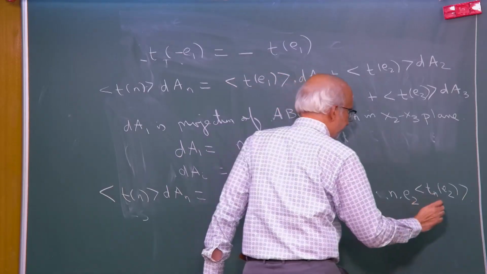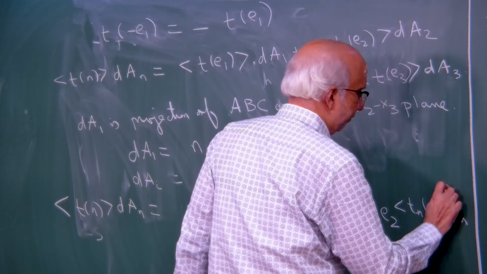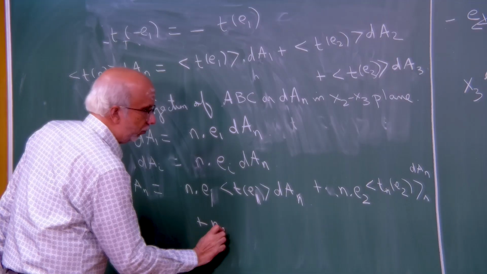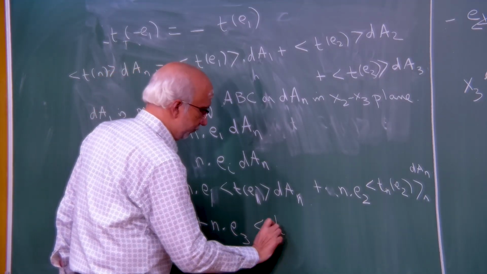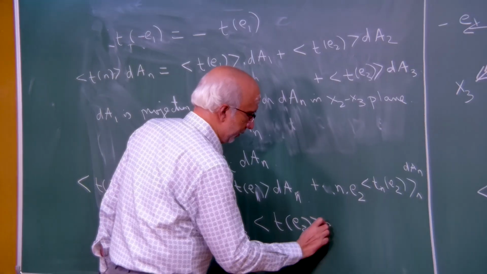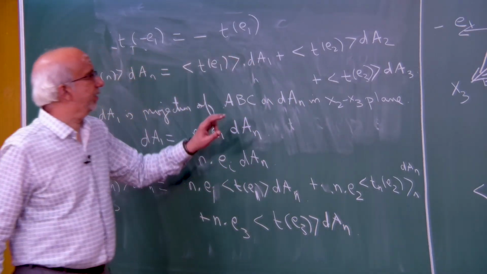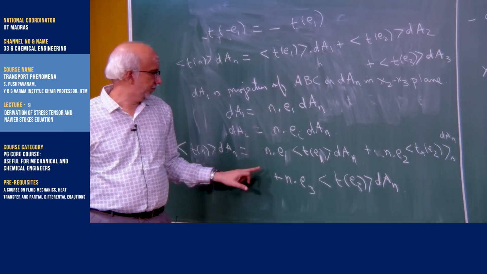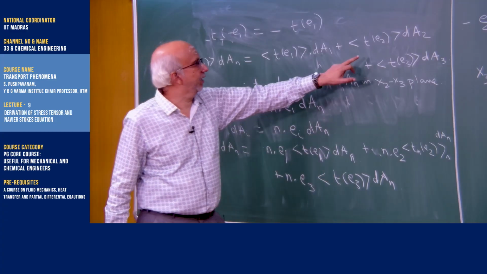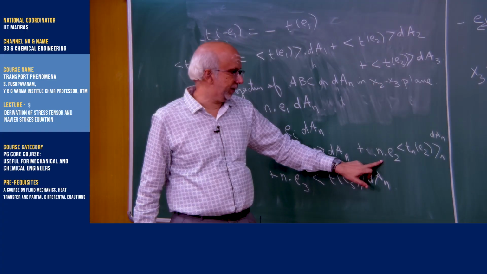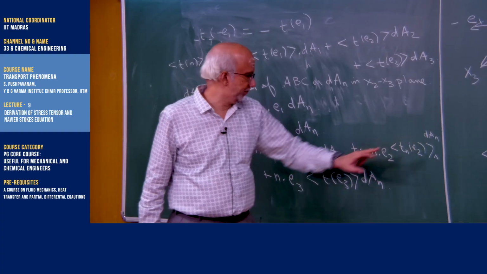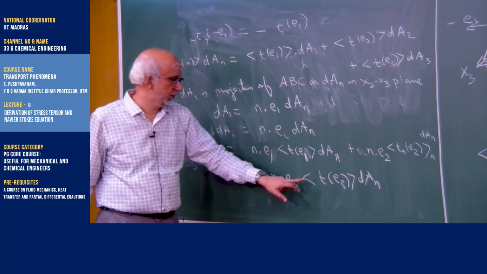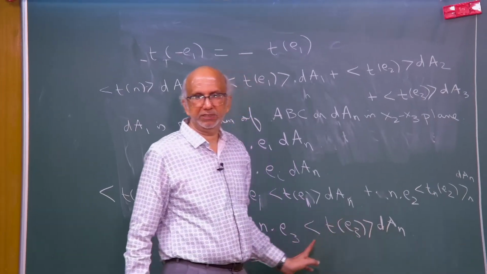This is multiplied by dA n, plus n dot E3 average of T of E3 dA n. What have I done? I have taken dA1 and written it as n dot E1 dA n, dA2 as n dot E2 dA n, and dA3 as n dot E3 dA n, the projection.